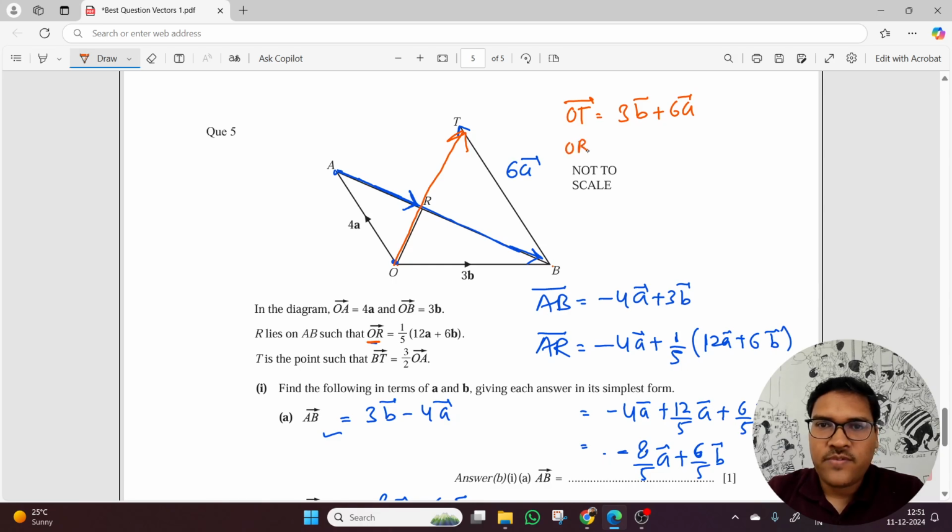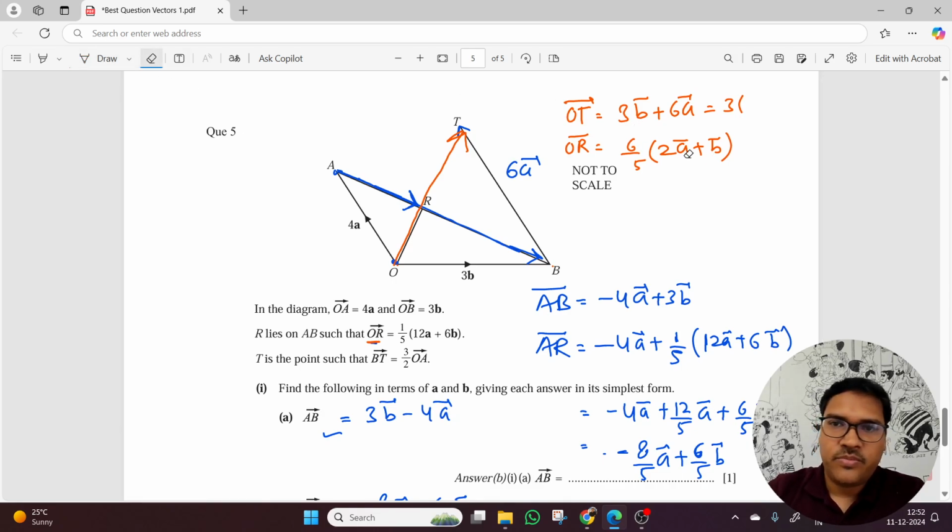Can I say OR vector is equal to, if I take 6 by 5 common, 2A plus B. Let me do it like this so it will be easy. So this is our OT vector, right?